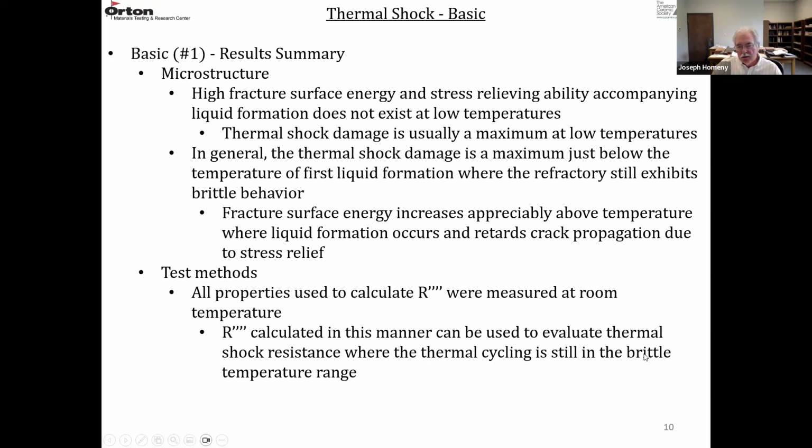So as long as the material is still brittle, below where the silicate phase is softened, if you measure your properties like work of fracture and strength at room temperature, that seems like a valid R4 prime in that temperature range.